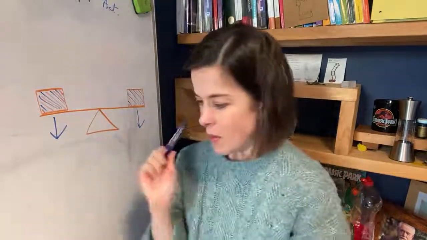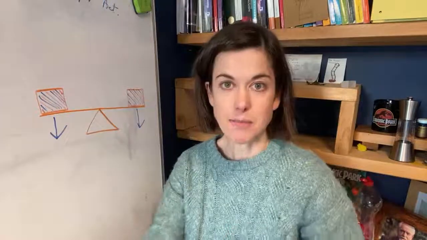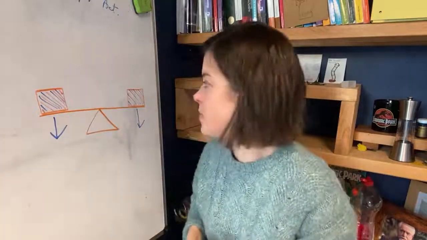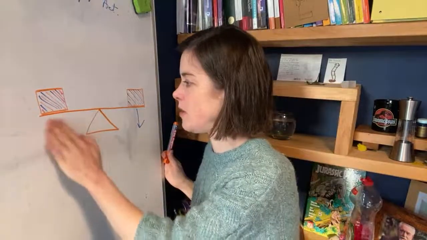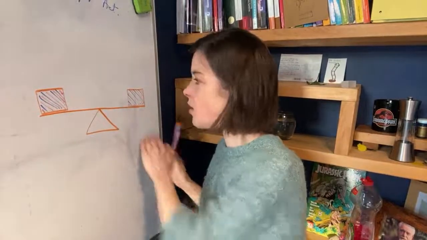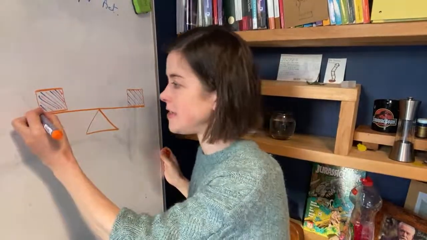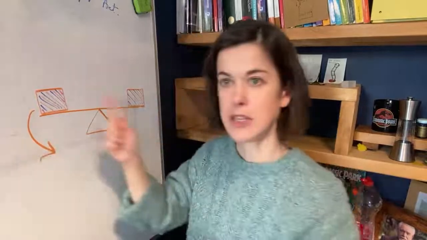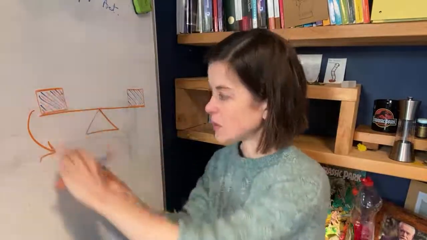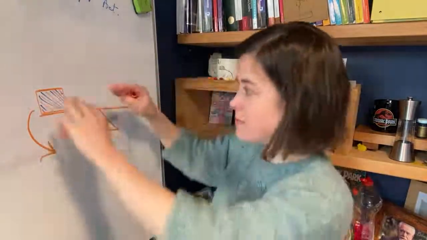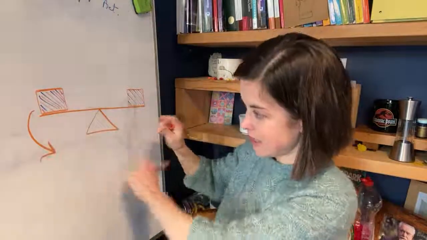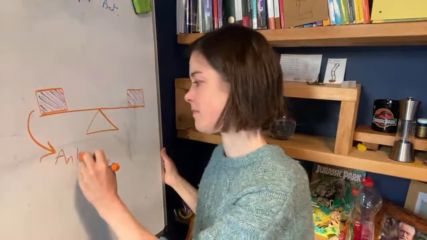Well, when it comes to moments, moments are how much something is turning. So we're looking at the clockwise moment and the anti-clockwise moment. This box on this side is pushing down, which is trying to make the seesaw turn in the anti-clockwise direction.